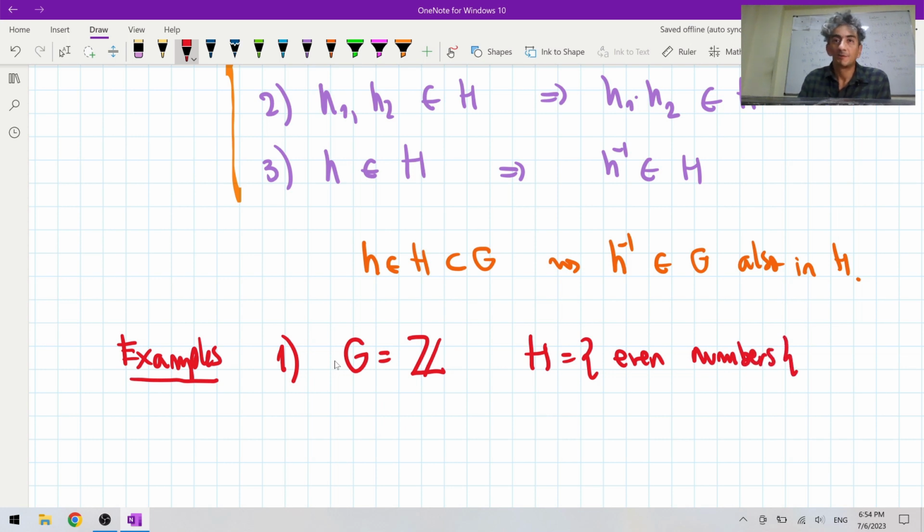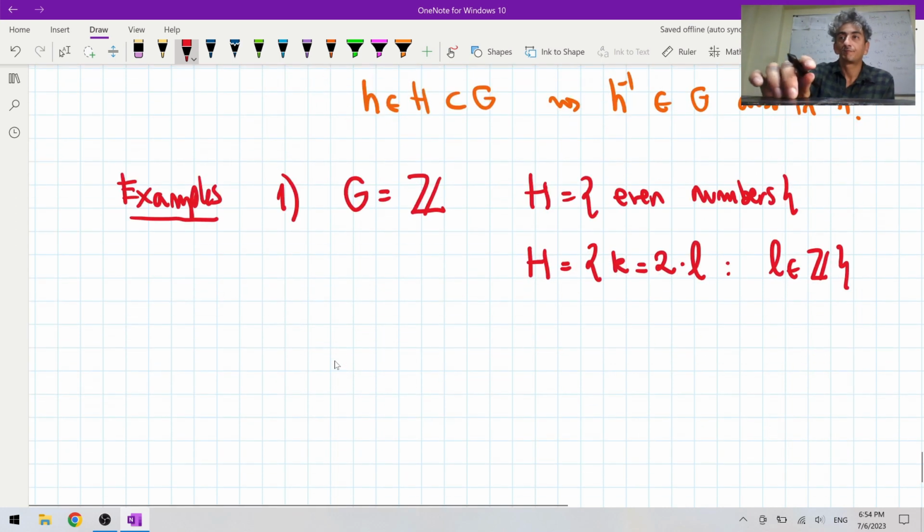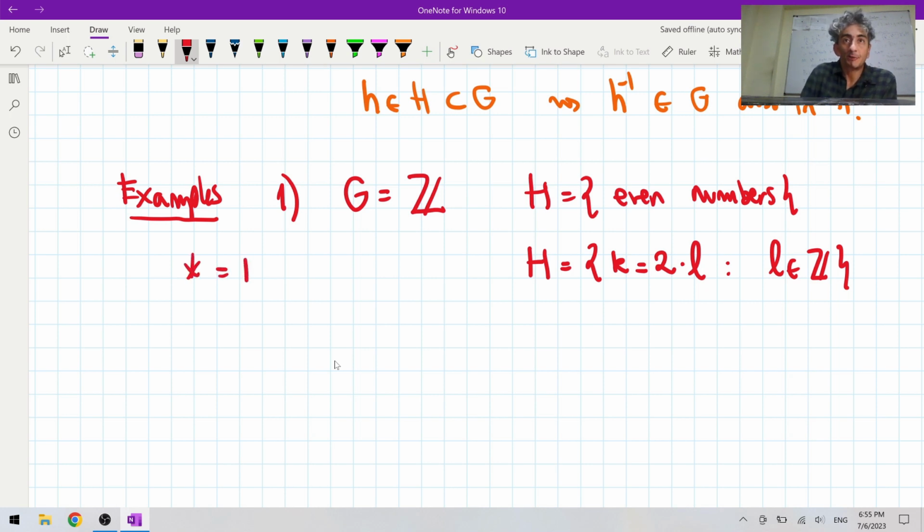In this case, we will describe H as things of the form 2 times l for l in Z. And here the operation is obviously plus. So why is it that H is a subgroup?